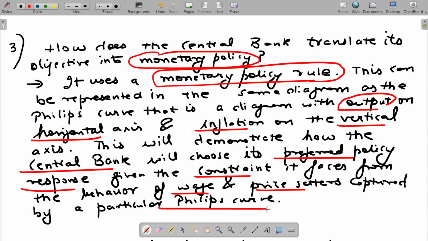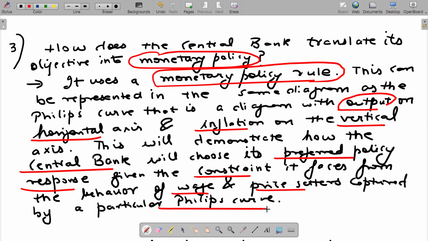Remember, all this will become even clearer in the coming lectures when we take examples.